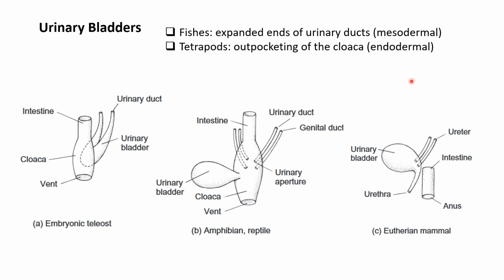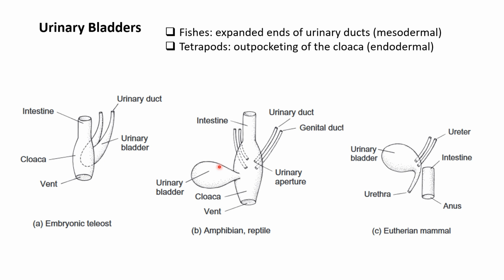Urinary bladders are temporary storage bags for the urine, so we don't have to pee all the time. Fish bladders, when present, are simply expanded ends of their urinary ducts and are therefore mesodermal in origin. In contrast, tetrapod bladders, when present, are outpocketings of the cloaca and are therefore endodermal in origin.